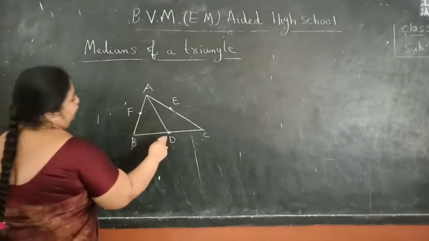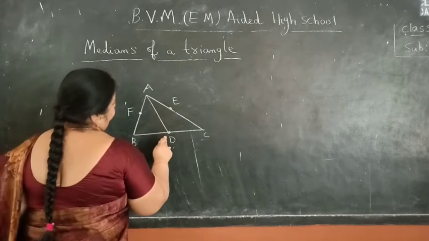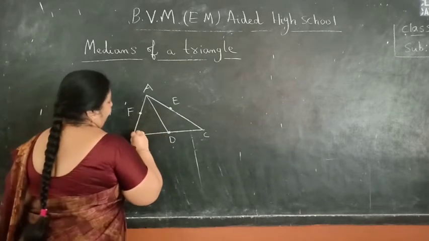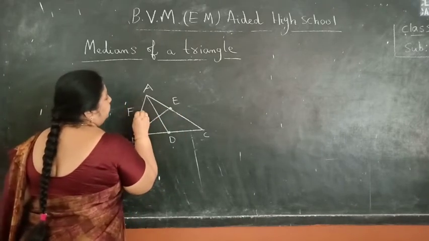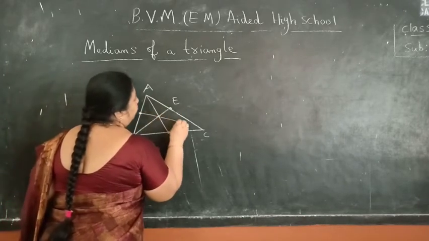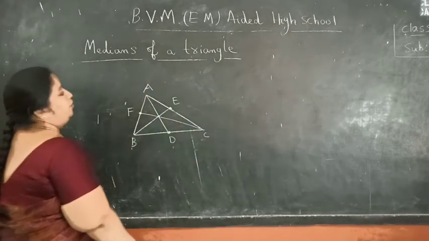AD is formed, that is the median. Next, from B, draw another median, and from C, draw another median.